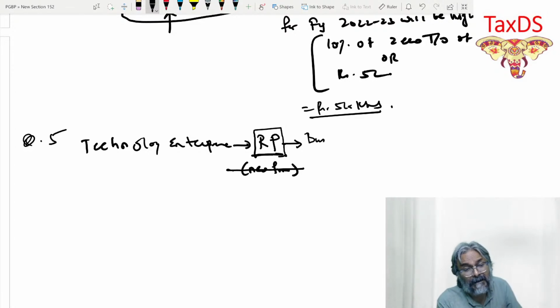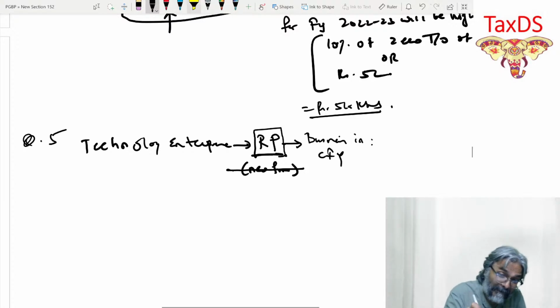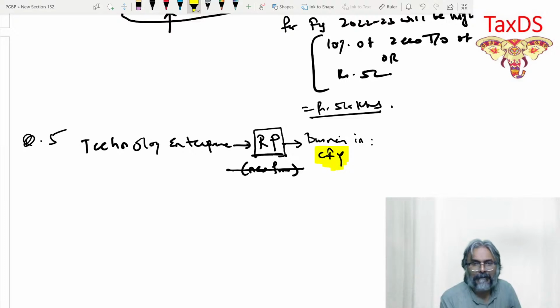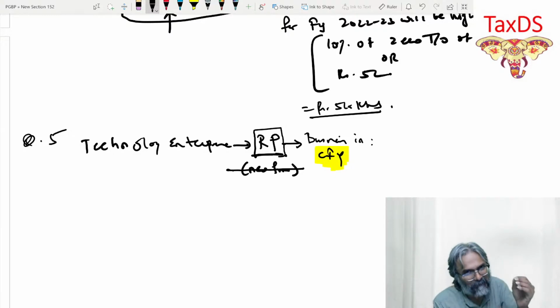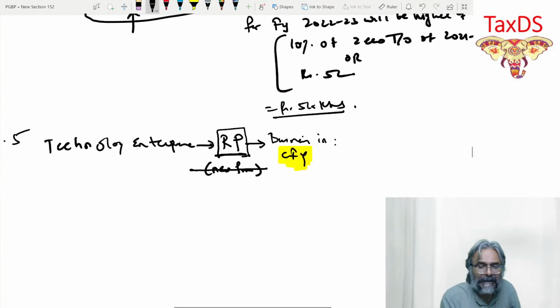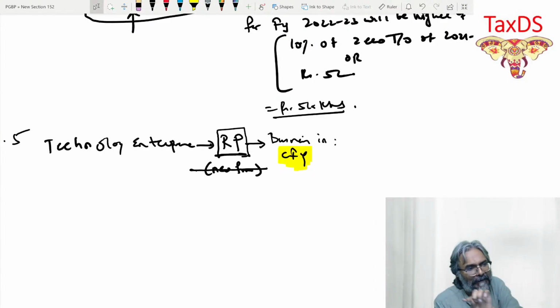What is his business in the current year, friends? Business in the current financial year. So emphasis is only on the business in the current financial year. Be very careful. Because in the same question, question number 5, one beautiful question is there, friends. That is why I'm emphasizing what you have to write in the statement: the current financial year.